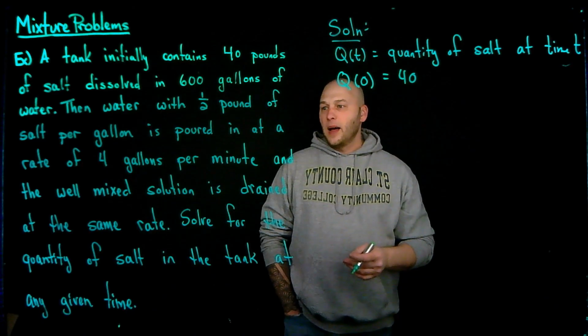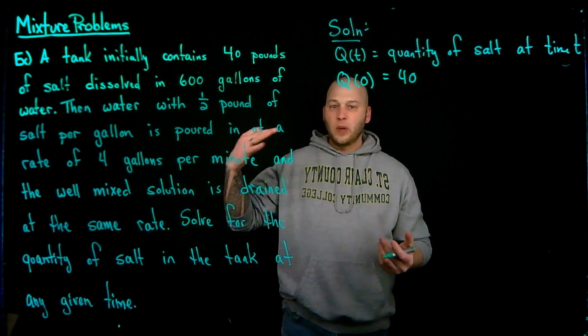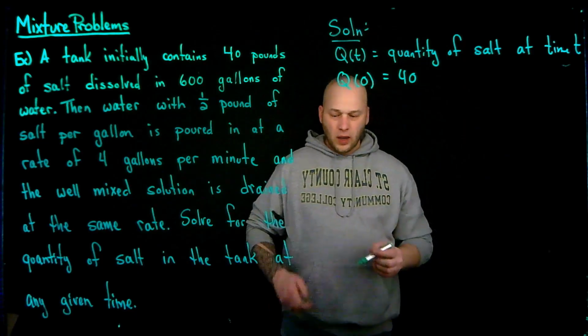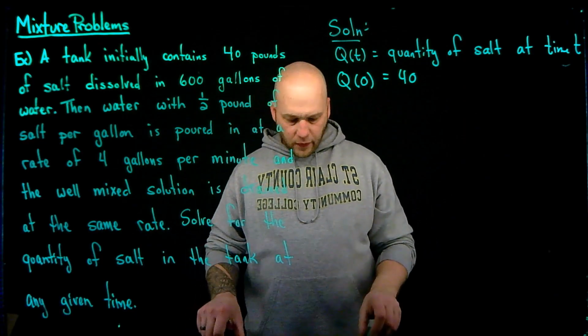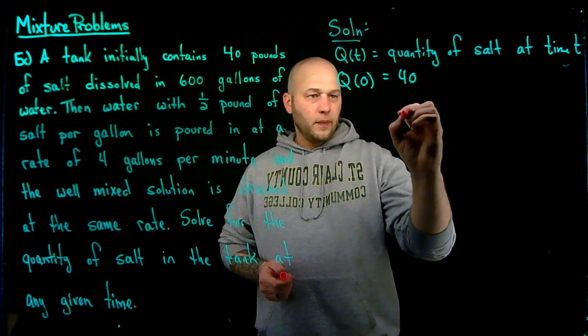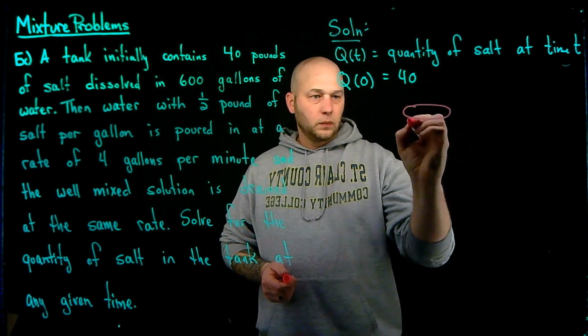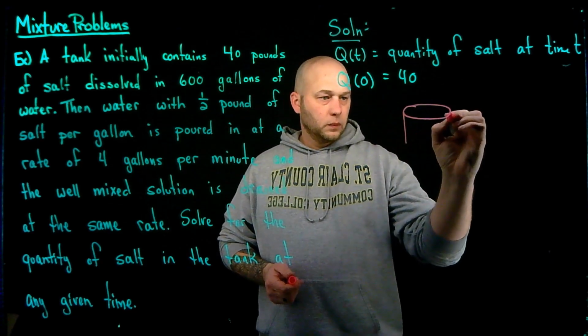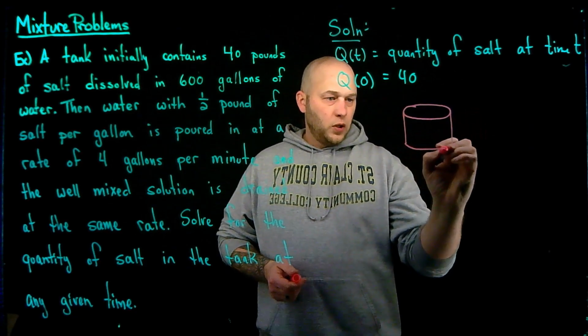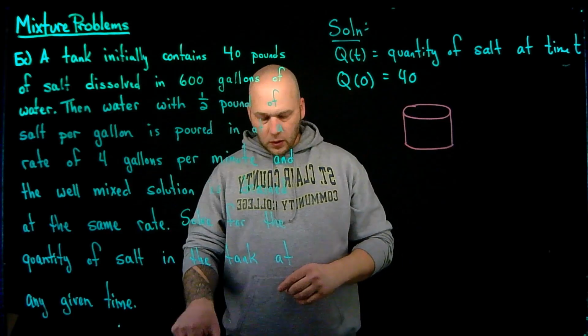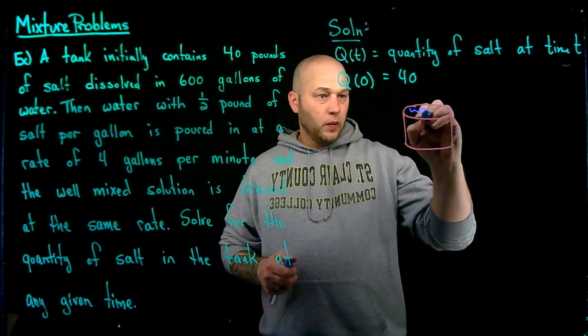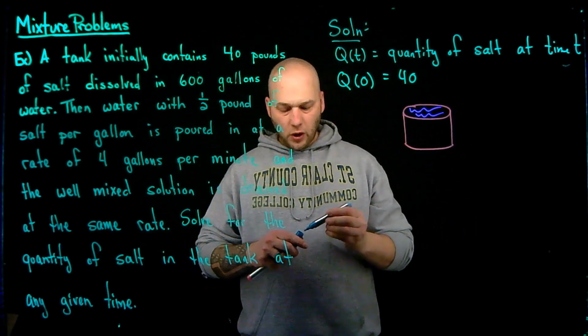And then we've got a rate of the water that's being poured in, and a rate of water that's draining away. So ultimately what I have is this tank which has water in it with salt dissolved.